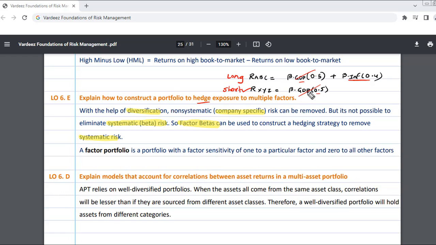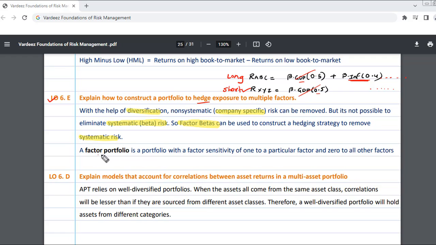GDP going up and down, here or here, will negate each other. So if I have multiple factors, I can find any combination of portfolios and make a hedging strategy. This is a wonderful thing about multi-factor models, wherein you can expose your portfolio to certain risk factors that you want as an analyst. That's what this is all about.